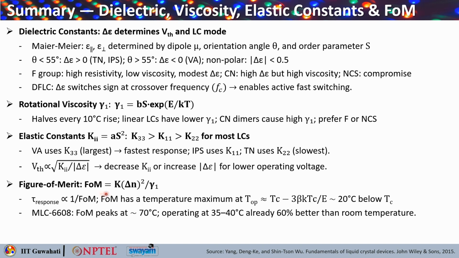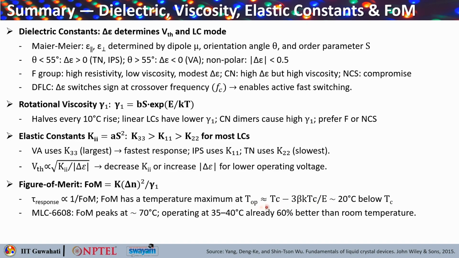Finally, the figure of merit was calculated as k delta n whole square divided by gamma 1, where the response time was seen to be inverse of this figure of merit, and figure of merit has a temperature maximum at TOP, that is around 20 degree below the Tc, that you have already seen.